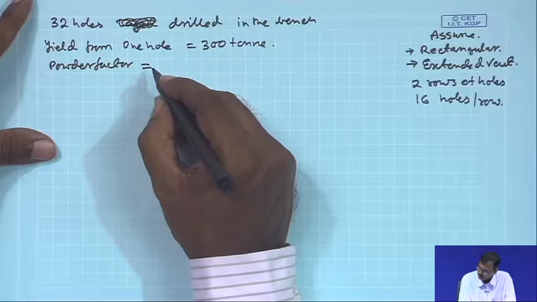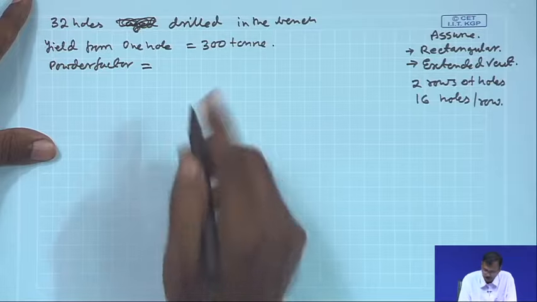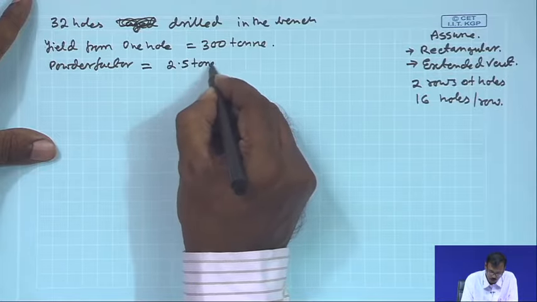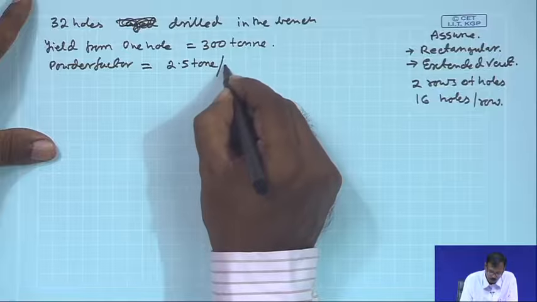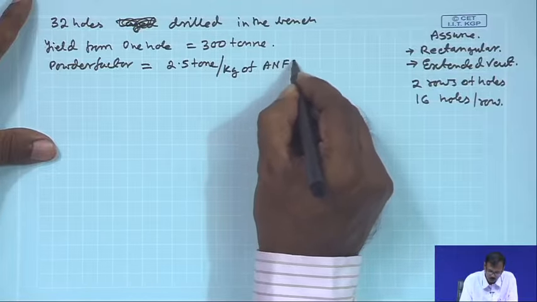Our powder factor is given in the question: 2.5 ton per kg of ANFO.